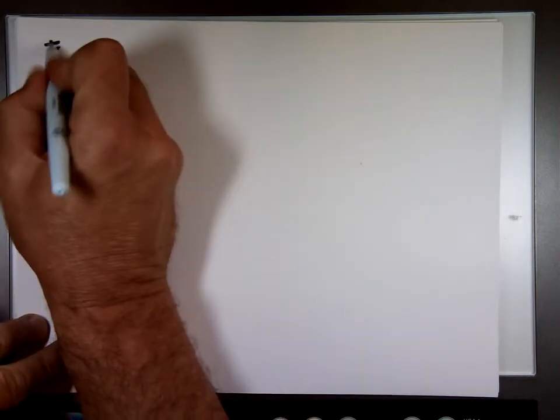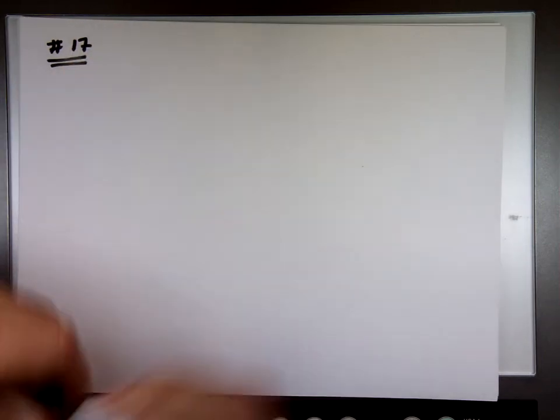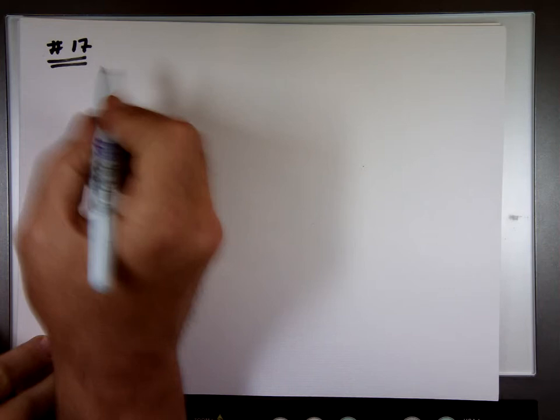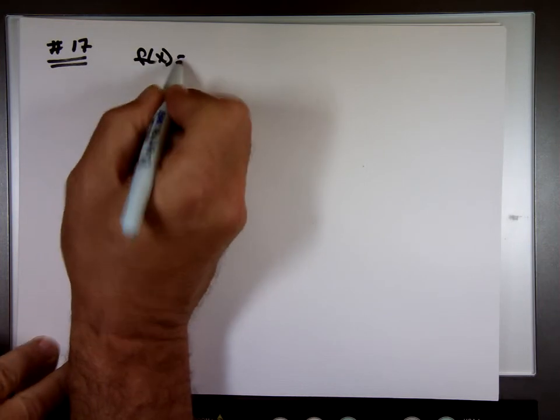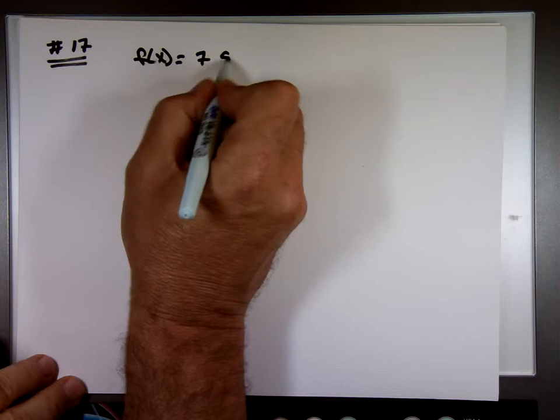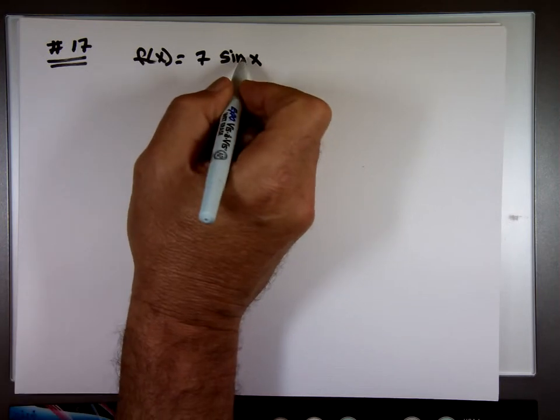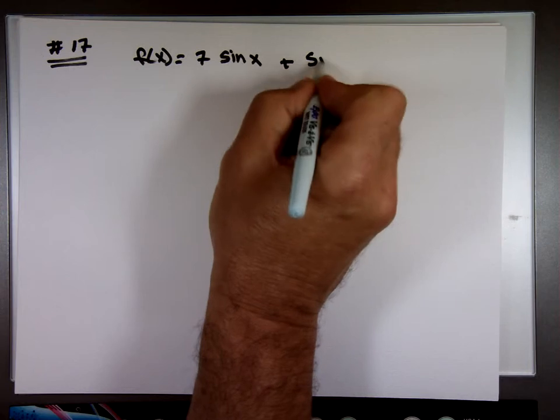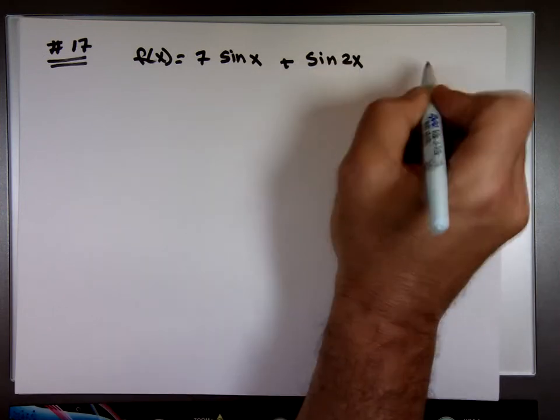Number 17. F of x equals 7 sine of x plus sine 2x, from 0 to 2 pi.